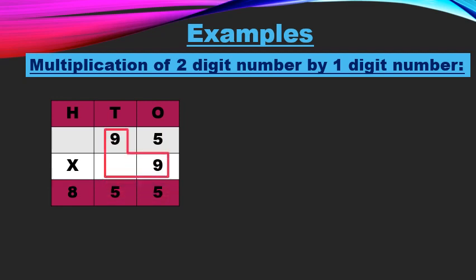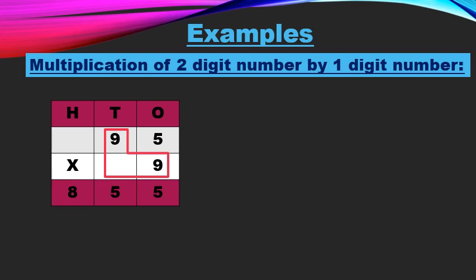9 into 9 tens. Okay? So 9 nines are 81. Right? But we already have 4 as carried. So we are going to add 81 plus 4.